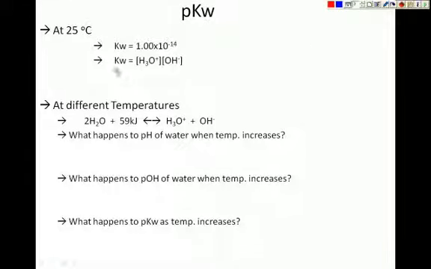Now, let's take a look at how we derived one of those pH formulas.